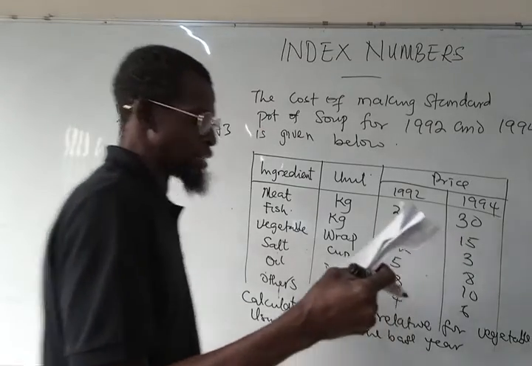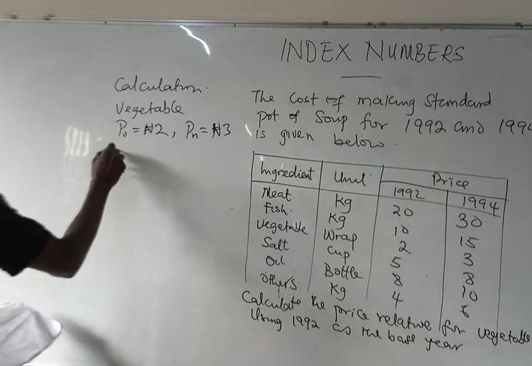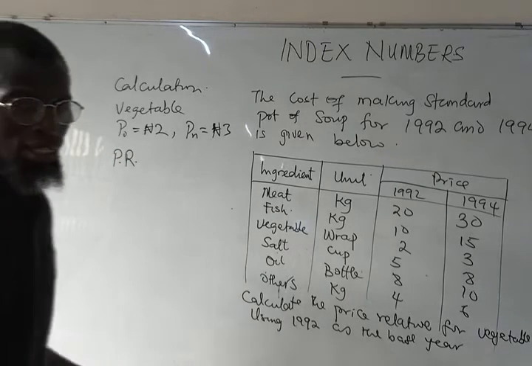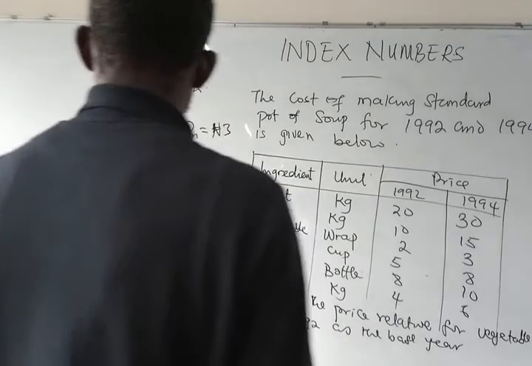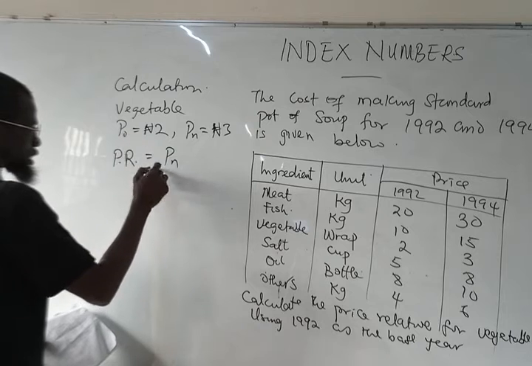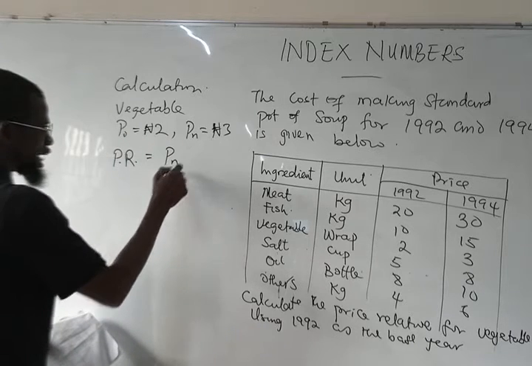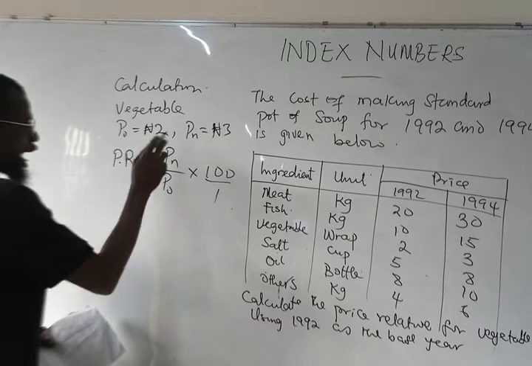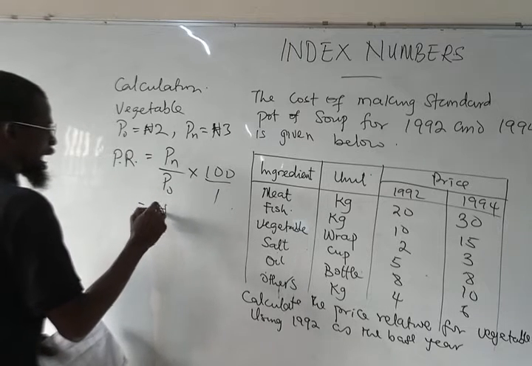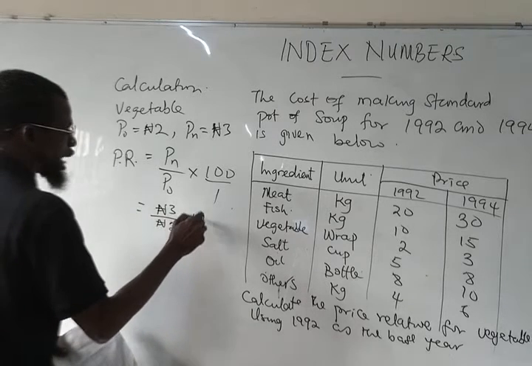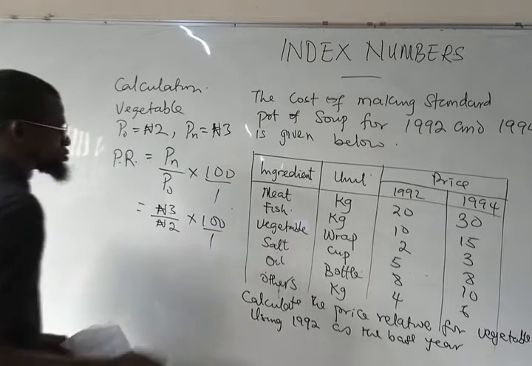Now our price relative, or sometimes we call it price index, is equal to our Pn, because it's in terms of price, over P0, times 100 over 1. So this is 3 naira over 2 naira, then times 100 over 1.